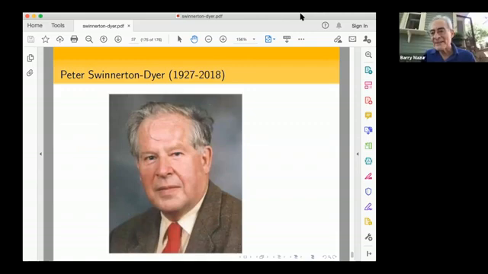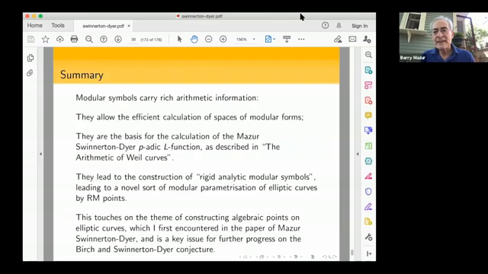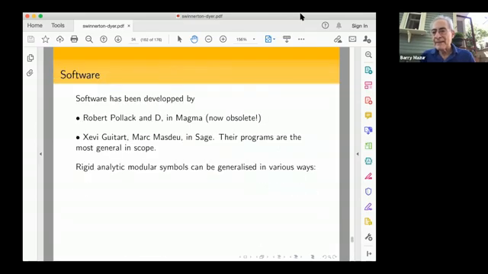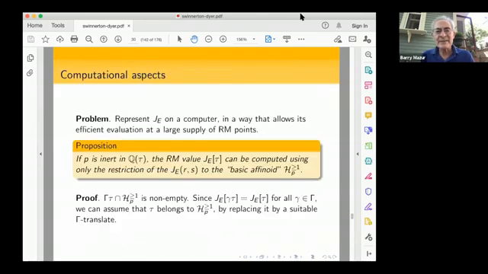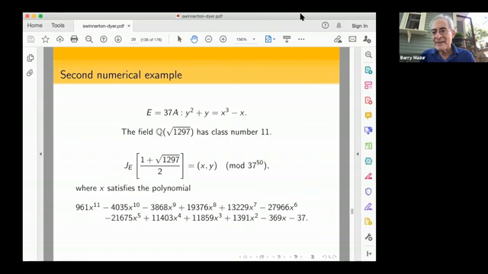So I have a question, Henri. In your example, the real multiplication point in the case where the class number was 11 generated that class field, right?